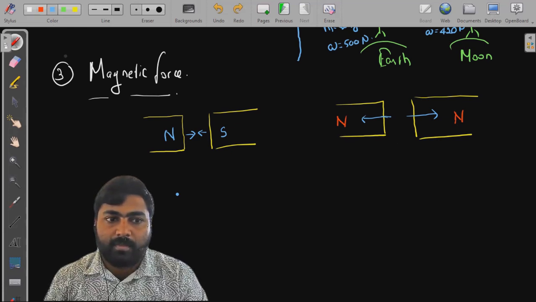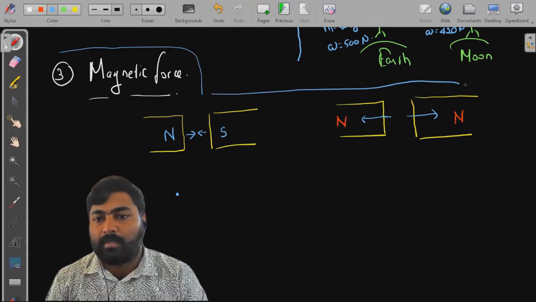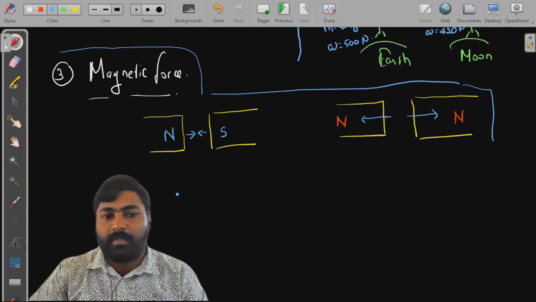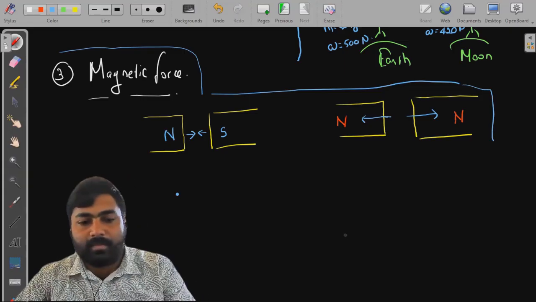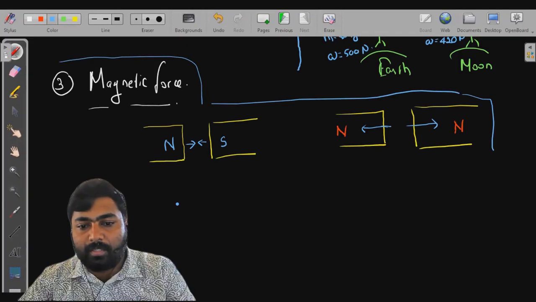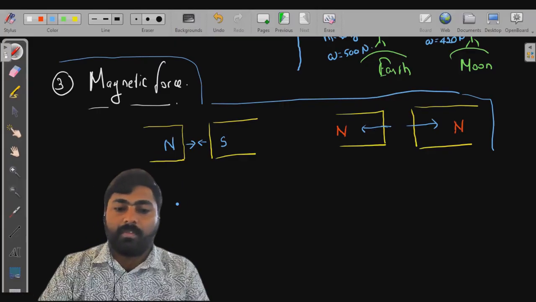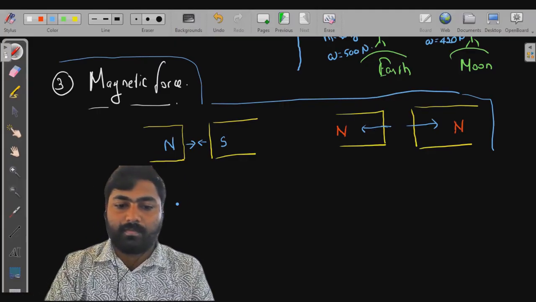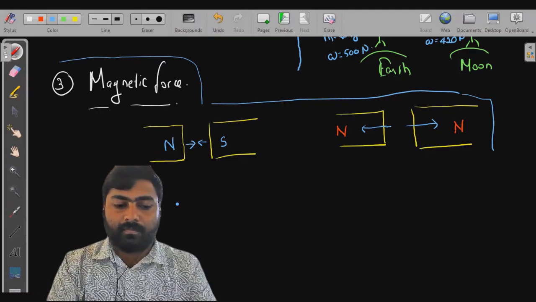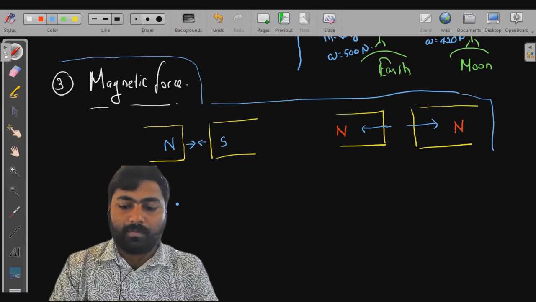In our syllabus, we have to learn about magnets and magnetic force. That's why I gave it here. Okay, then write. The force in the magnets is known as magnetic force.